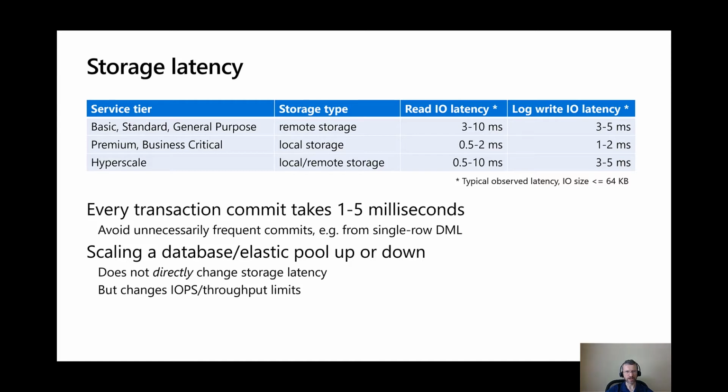So if you see some very high latency numbers, much higher than what you see in this table, that's probably because you're getting throttled by resource governance, and that applies to both IOPS and throughput. So in that case, your options are to increase the service tier, basically increase the limit, or modify the workload so that it drives fewer IOPS or less throughput. And we'll talk more about this in just a minute.